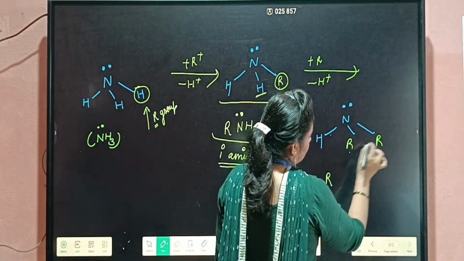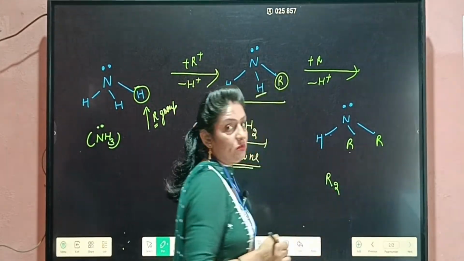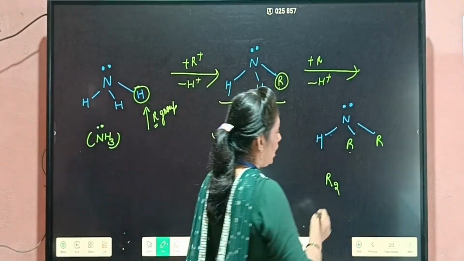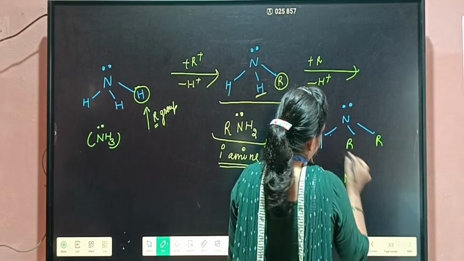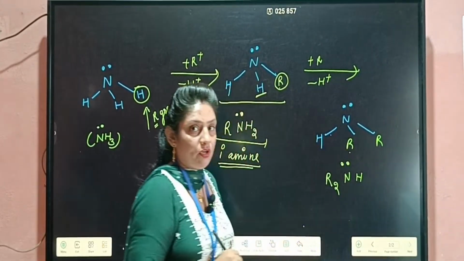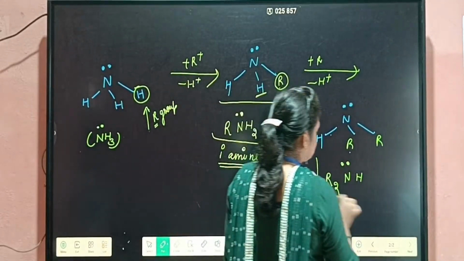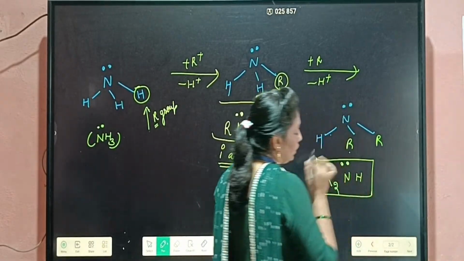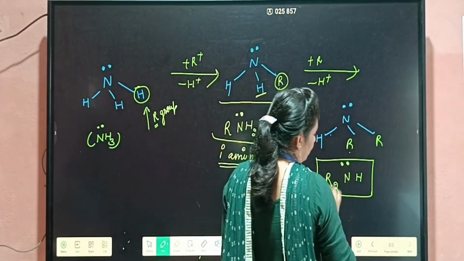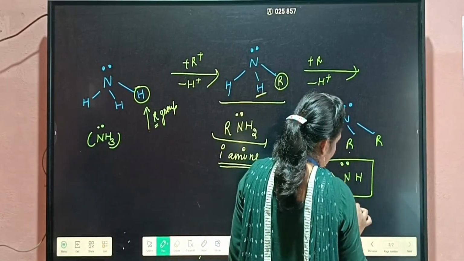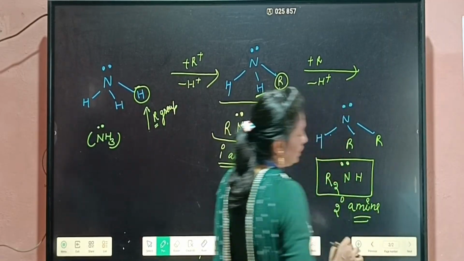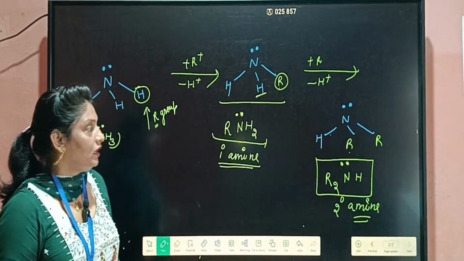Here there are 2 R groups. These R groups may be same or different. Keep in your mind that the lone pair is as it is. So if two hydrogens are replaced by alkyl groups, then it is also an amine. But what type of amine? Secondary amine.